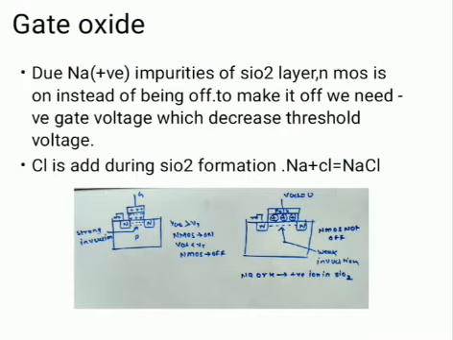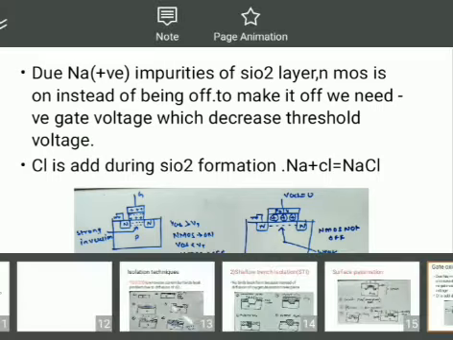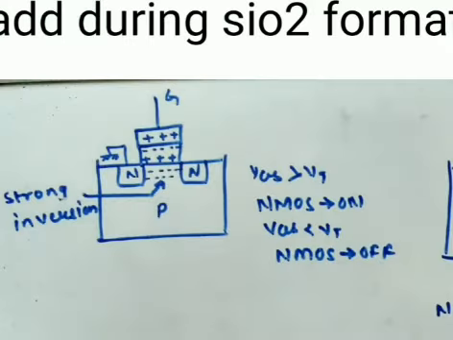So let us understand what happens if there is an impurity in the gate oxide. So if there is a sodium impurity which is positive in our SiO2 layer, so instead of MOS going to be off, it will be on. So let us understand it here.